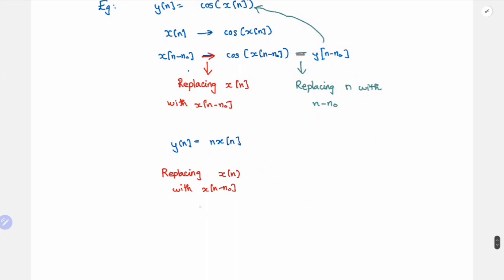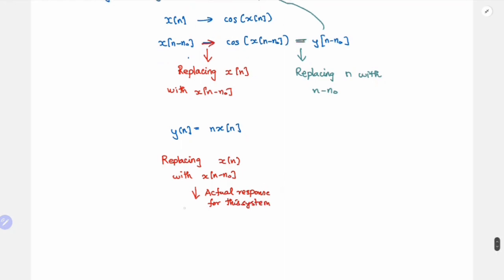So this is the response you will get, the actual response you will get for the system, which is nothing but y'[n] = n x[n - n0]. Secondly, replacing n with n - n0.